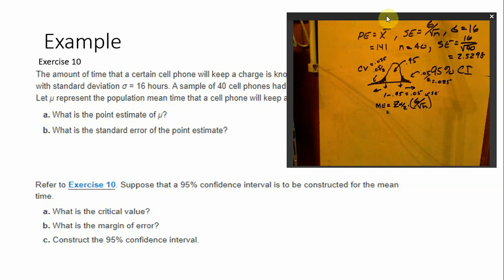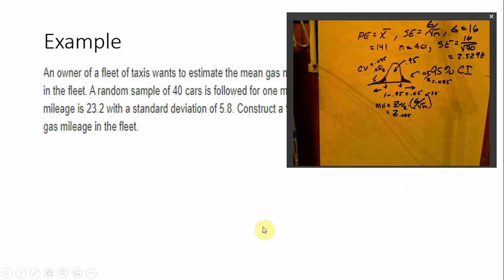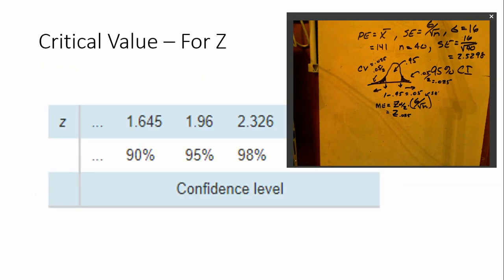So the z alpha over 2, z for 0.025. And I'm going to run back up here real quick, and let's see if we can find that in the table. For 95% confidence, that's the 1.96.